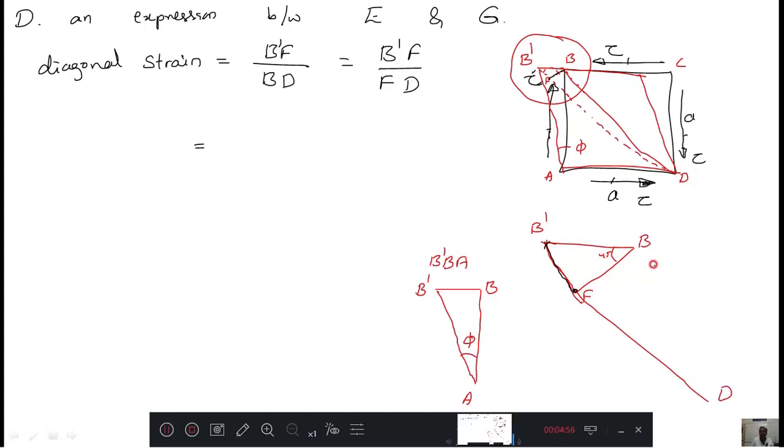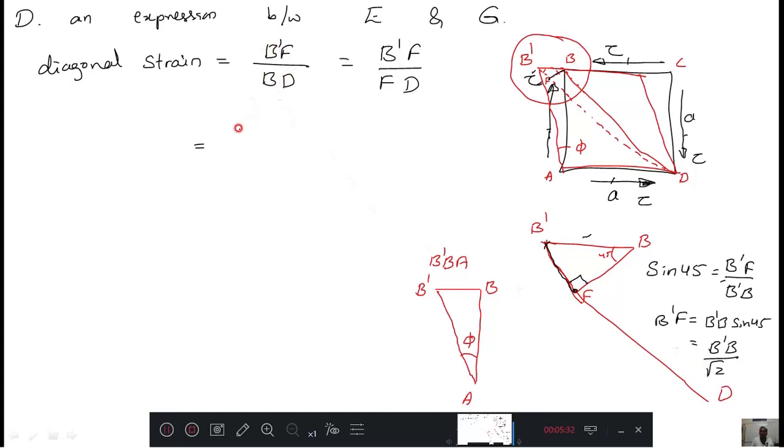Sin 45 is equal to opposite, B dash F, by hypotenuse, B dash B, since this is the 90 degree angle. Therefore B dash F is equal to B dash B sin 45. Sin 45 is 1 by root 2, so B dash F is equal to B dash B by root 2.